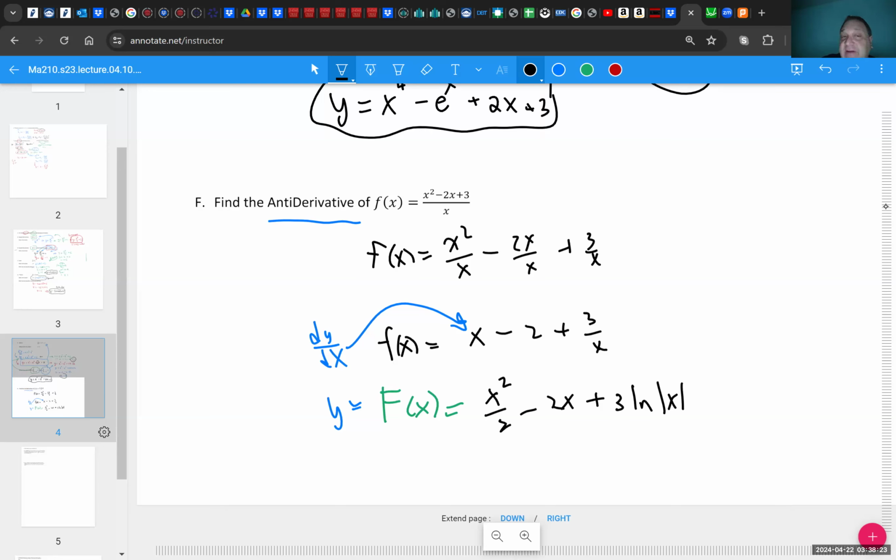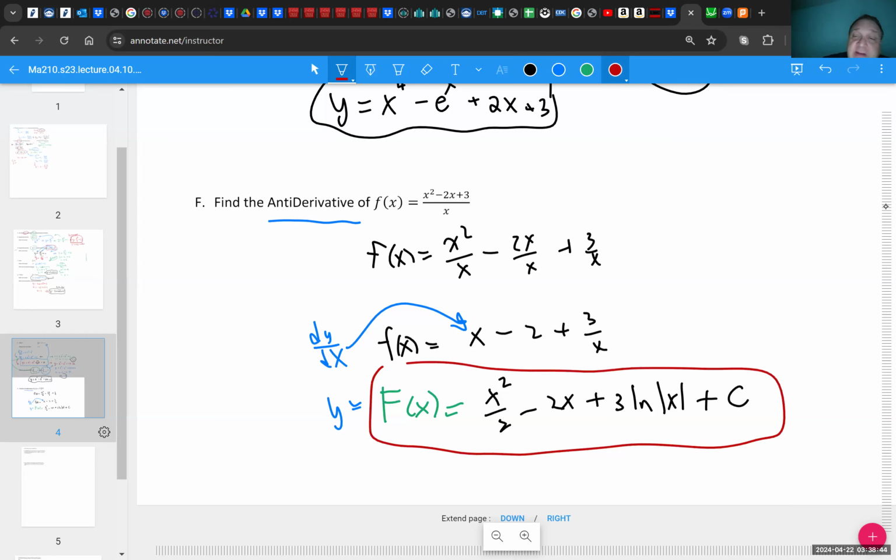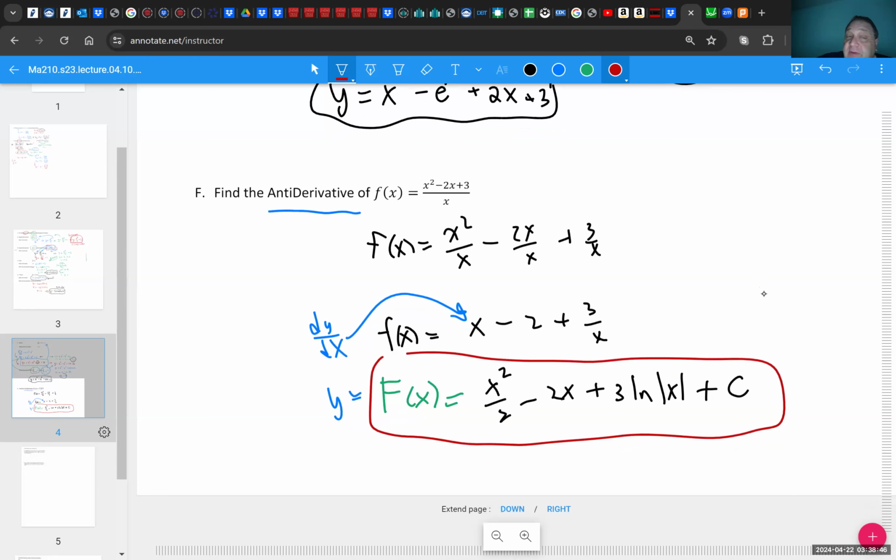We're just trying to figure out antiderivatives. I'll add in the absolute value stuff a little bit later when we get more comfortable with the antiderivative stuff. Don't forget, when you're doing an antiderivative, you always get a plus c because the derivative of plus c is still 0. So that is our general antiderivative formula. And unless they gave us some values to plug in, we're done. That's it for that problem.